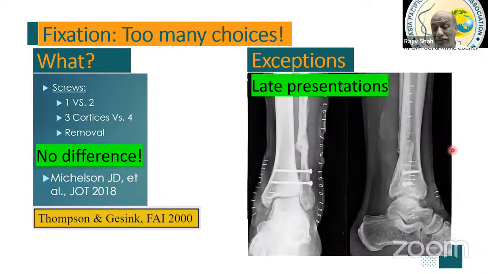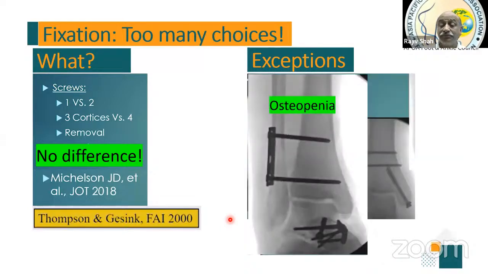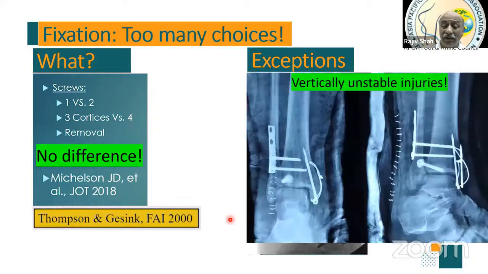So late presentation, now look at this. This is a late presented Weber 2, Weber C kind of a patient case where I've done a syndesmotic fixation. This time again, no plate was used, but this is not the ideal one which I've done. Now, this is the ideal one, with a plate. Some vertically unstable injury, so Maisonneuve injury, someone was asking.